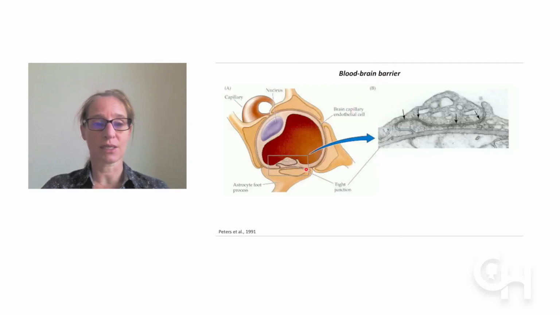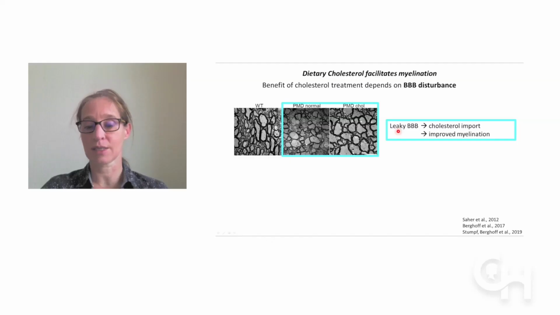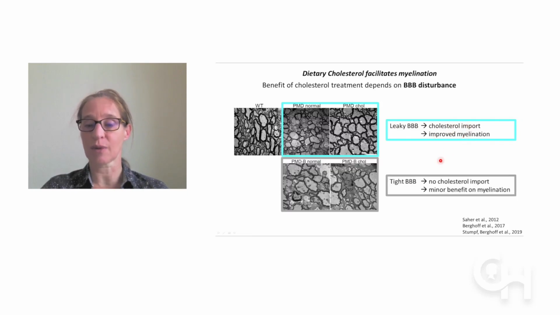The endothelial cells of brain capillaries prevent the import of many substances into the brain, and cholesterol, unfortunately, is also not transported. So this treatment benefit of cholesterol in our mice was achieved because these mice have a leaky blood-brain barrier. This allowed cholesterol import and improved myelination.